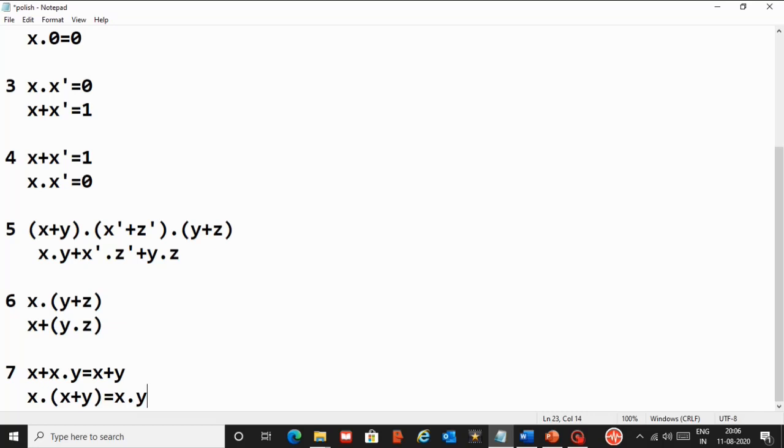Either they will ask you the duality theorem, the principles of duality, wherein you need to write the four principles: change all or to and, that is plus to dot; change all and to or, that is dot to plus; change all zeros to ones; and change all ones to zeros. Or they'll give you two boolean expressions and ask you to find the dual of that, and it is very easy. So I want you to write it down and do it. I'll just give you 2 minutes. Please copy it down.